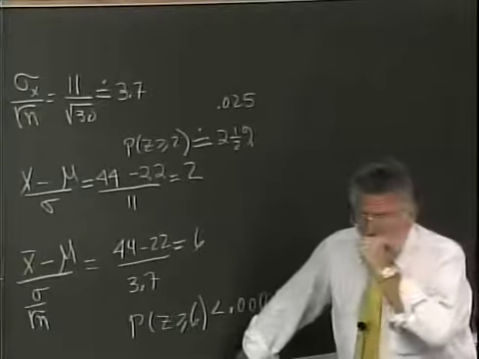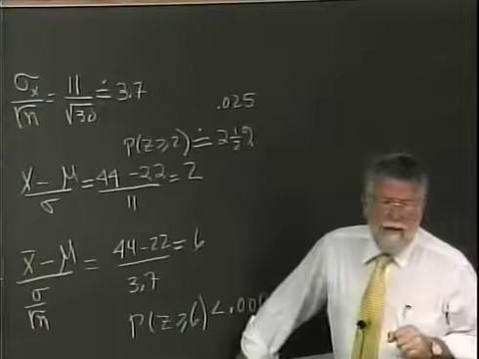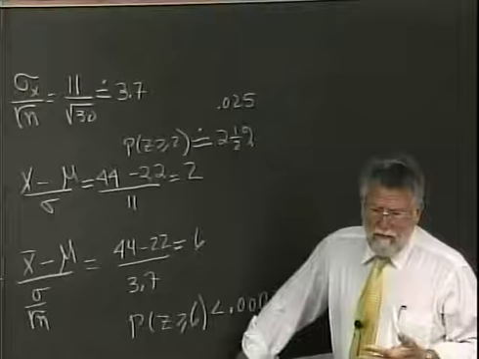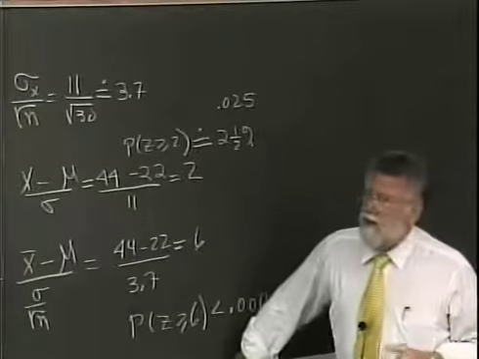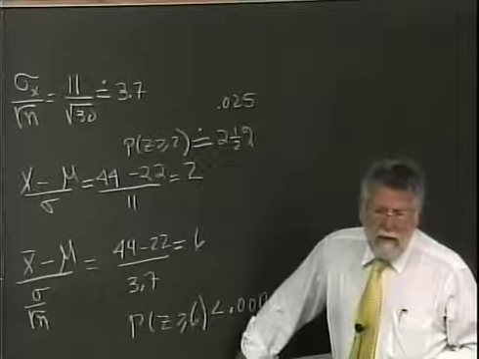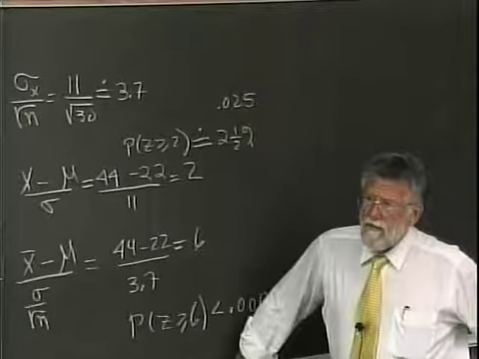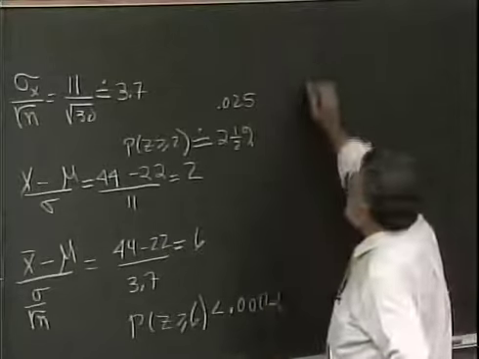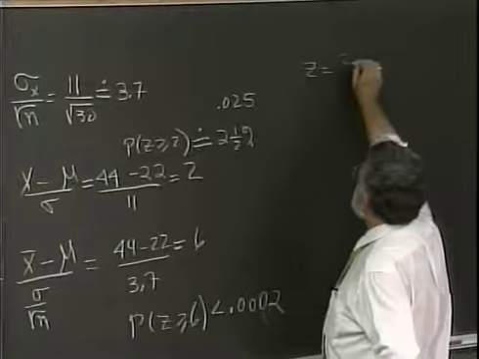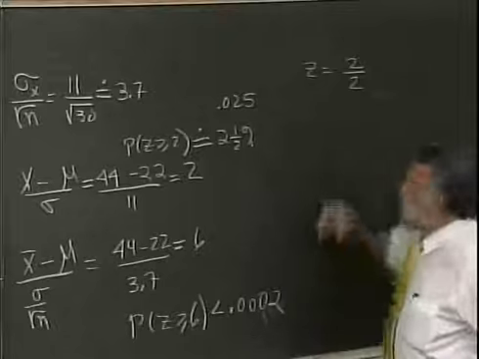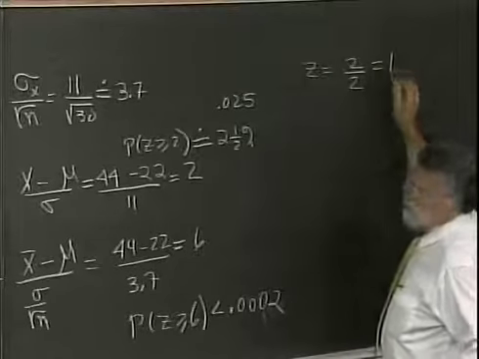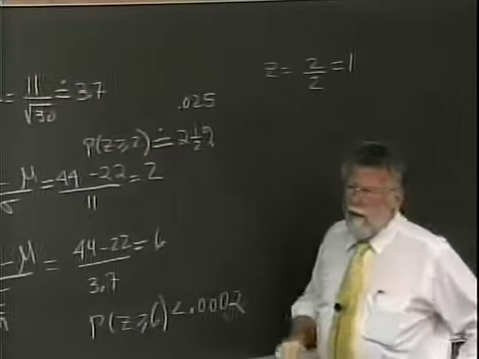Otherwise, to say that a change of 2 points for x might result in a huge change in z is going to depend on how big your standard deviation is. So if I end up with a z-score of 2 in the numerator and 2 in the denominator, I'm just going to get a 1, and that means about 16% to the right.